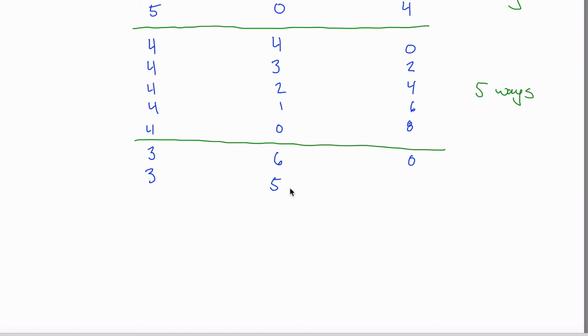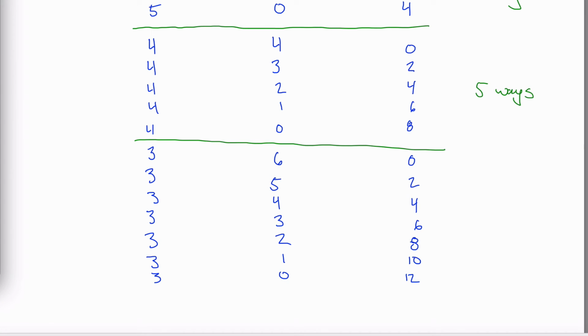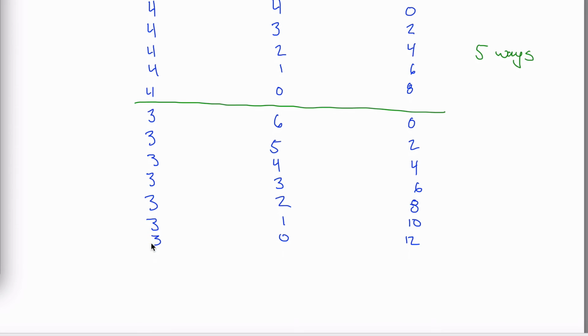I get there with 5 10s. I could get there with 4 10s. I could get there with 3 10s. And 2. And 1. And 0. So now if I go through and I count up those ways, I think I'll have 7 listed here.